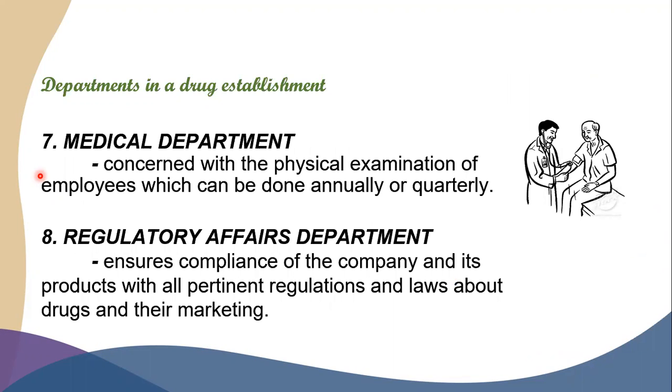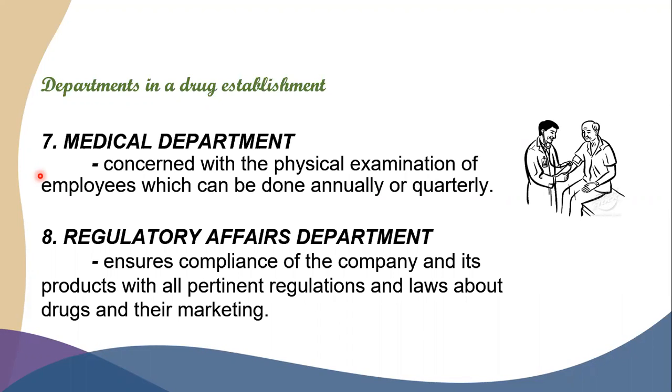Next is your medical department. This is concerned with the physical examination of employees, which can be done annually or quarterly. This medical department is also important. You have an in-house physician who makes quarterly or annual checkups for the employees.